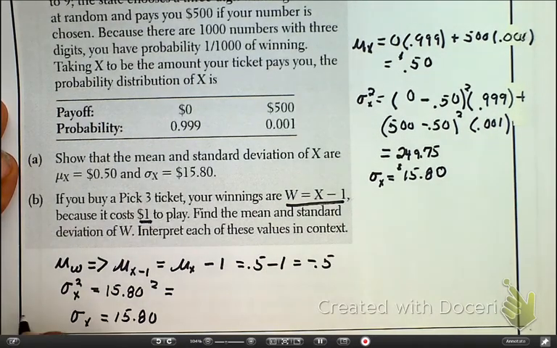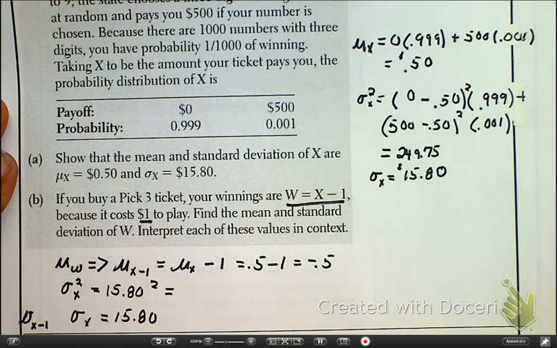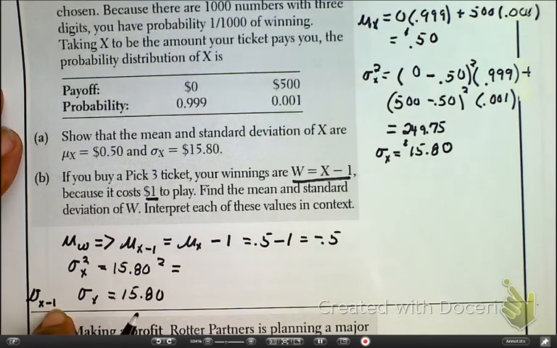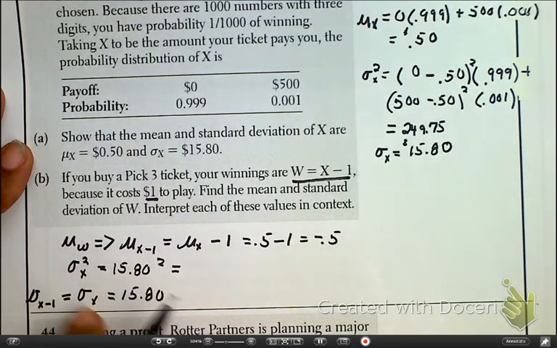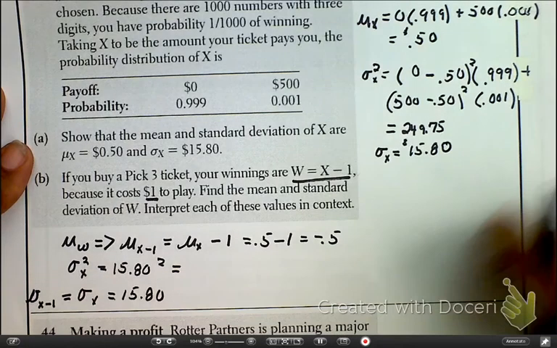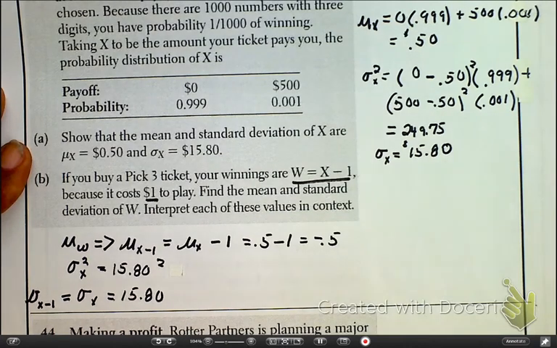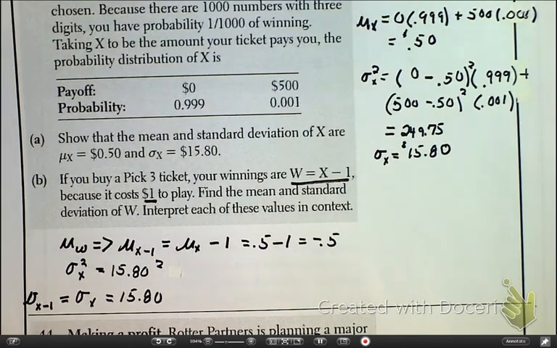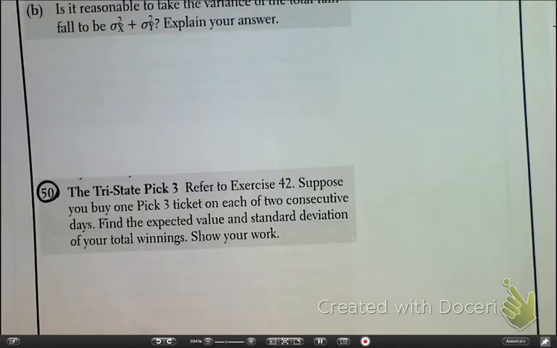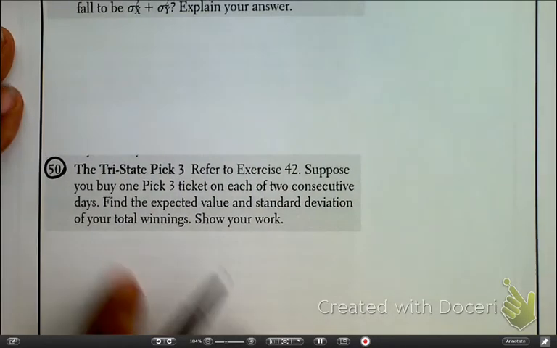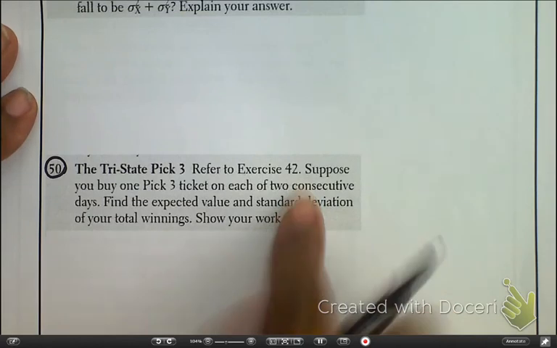Because remember that standard deviation sub x minus 1, here this is your multiplier, and in essence it just equals this. And we didn't have to find the variance if you didn't want to, but it's there if you chose to. Now, I want to start problem number 50 because 50 refers back to problem 42.